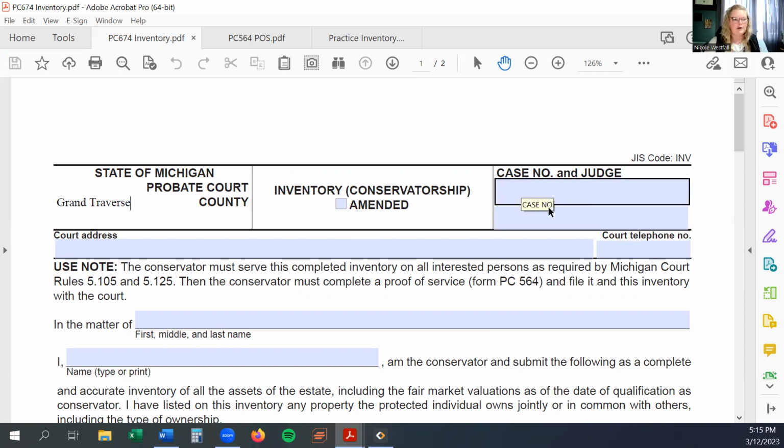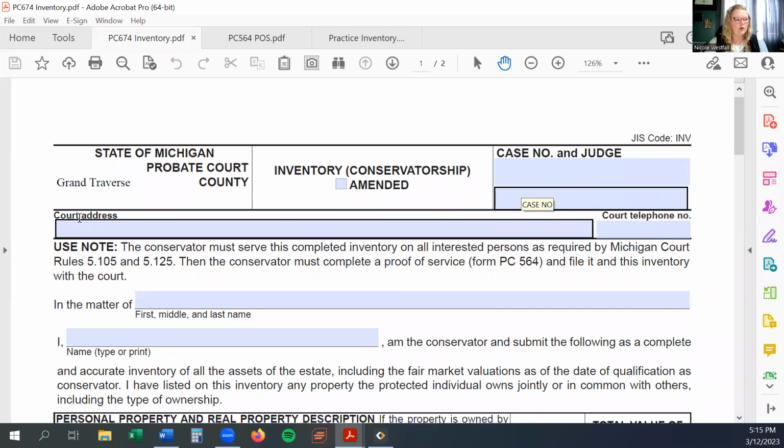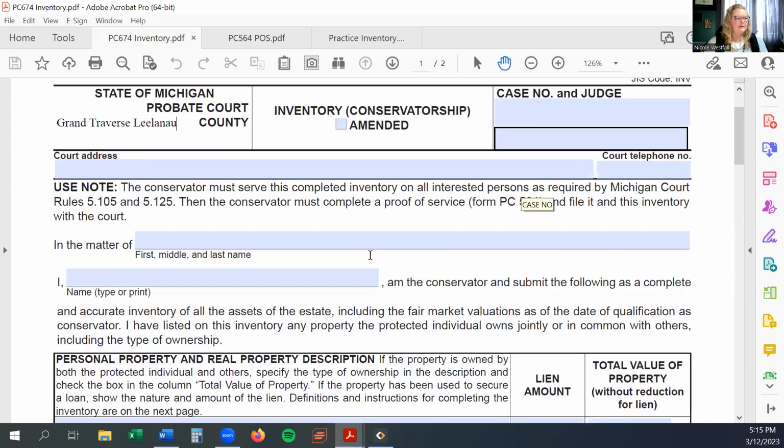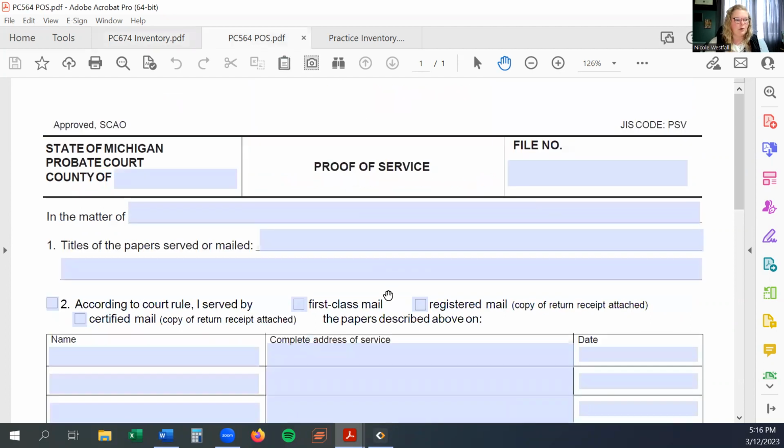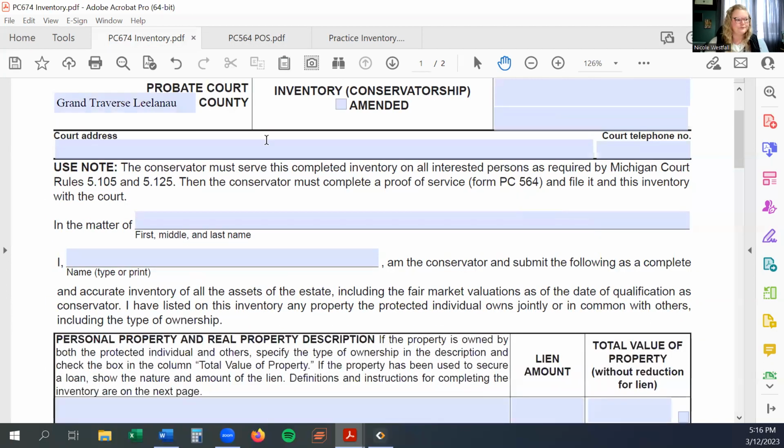You would put your case number and your judge, the court address, and the court telephone number. Okay. Now, the next thing that you would do is you would read this. That's important. The conservator must serve this completed inventory on all interested persons that are required by Michigan Court Rules 5.105 and 5.125. Then the conservator must complete a proof of service. We have this over here, and we're going to discuss this in a little bit.